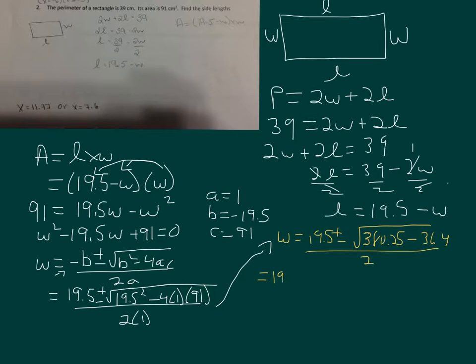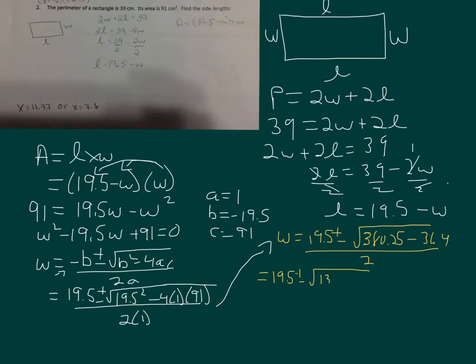So if you work this out, under the root sign, you're going to get 13, sorry, is that 364? Okay, I'm sorry, 15. Oh, and it erased.